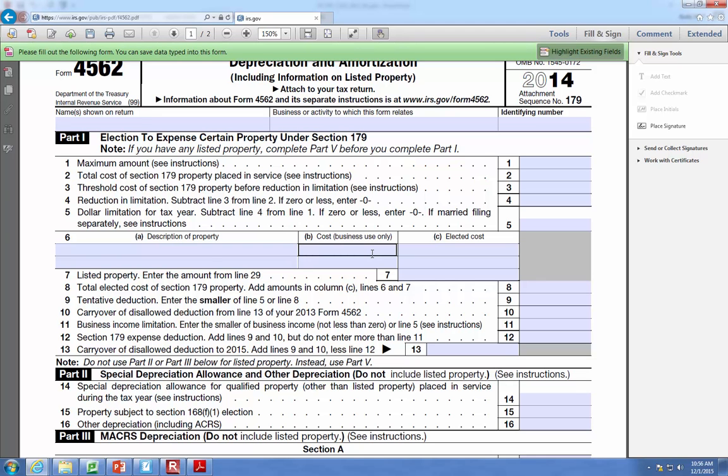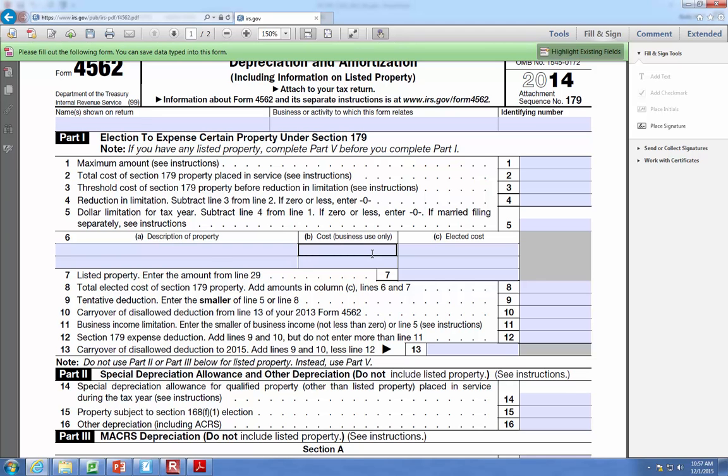This is the part of the 4562 you use when you can just write off a chunk of your asset in the year you bought it. That's the whole first part, lines 1 through 13. Election to expense certain property under Section 179. The key word here is expense.